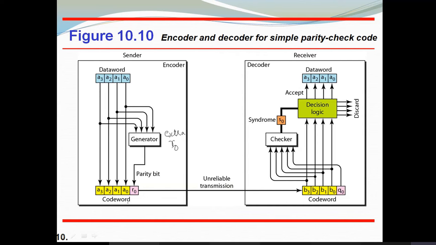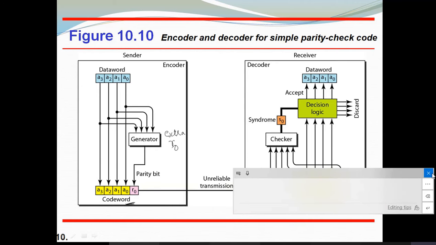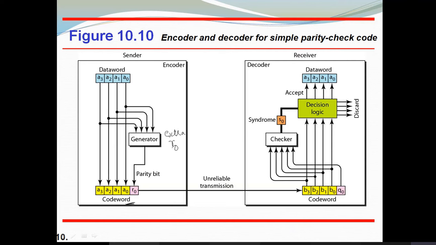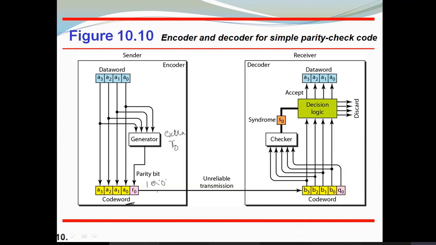So before transmission of data, it has to generate the code word. With the help of the generator, identify what parity should be added. Is it parity 1 or 0? You should know when to add 1 or when to add 0. 1 should be added if the number of ones here is odd, to make it even parity.